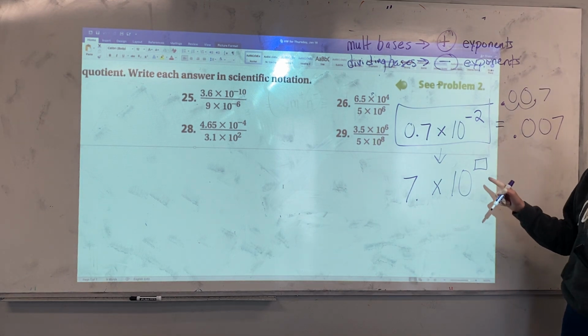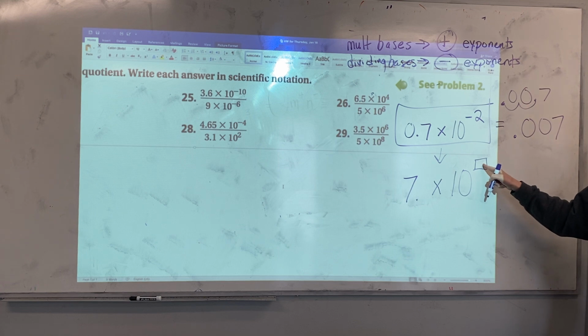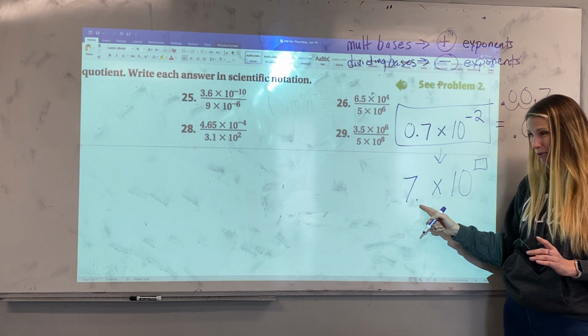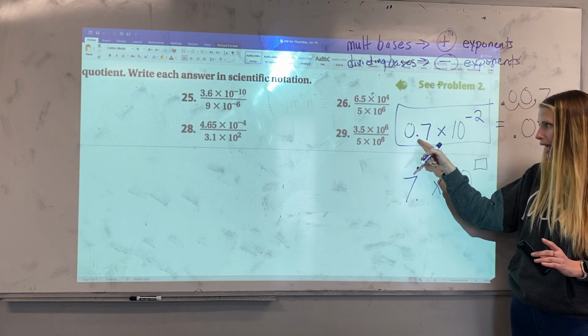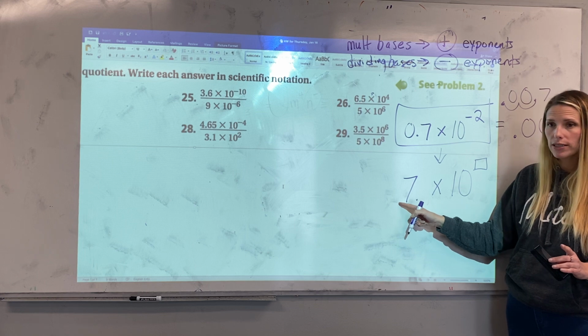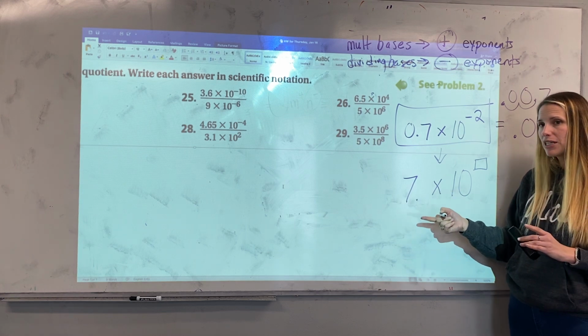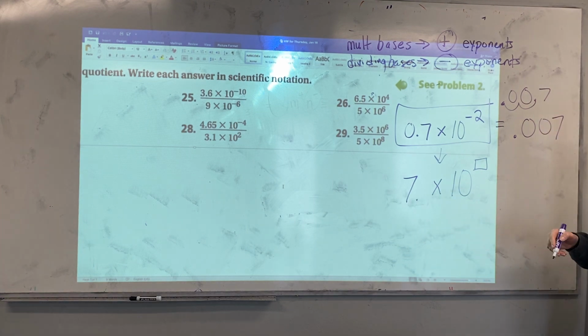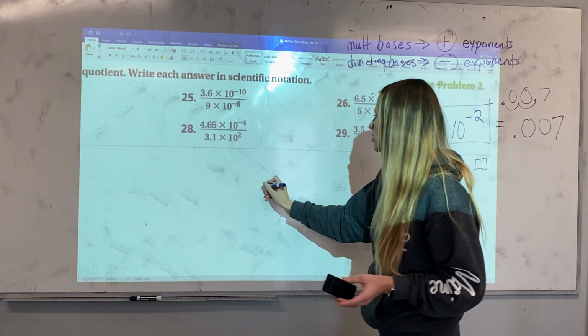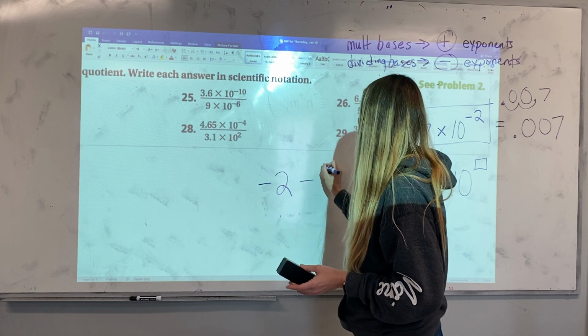In order to represent this exponent properly, I need to say, well, this really was in a different spot before. So to get it back to the original, I would have to move it to the left once. Is that adding a place value or subtracting? Subtracting. So it would be -2 minus 1.